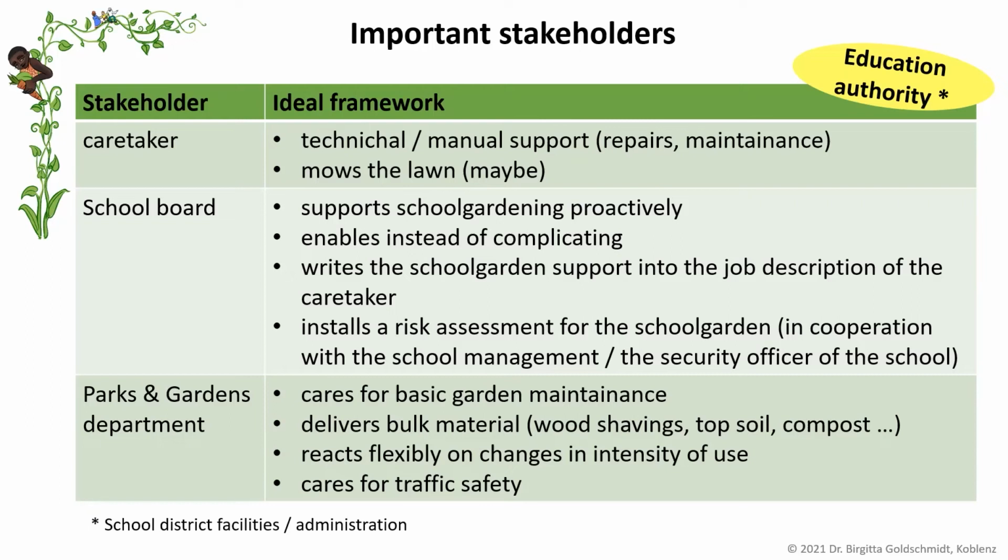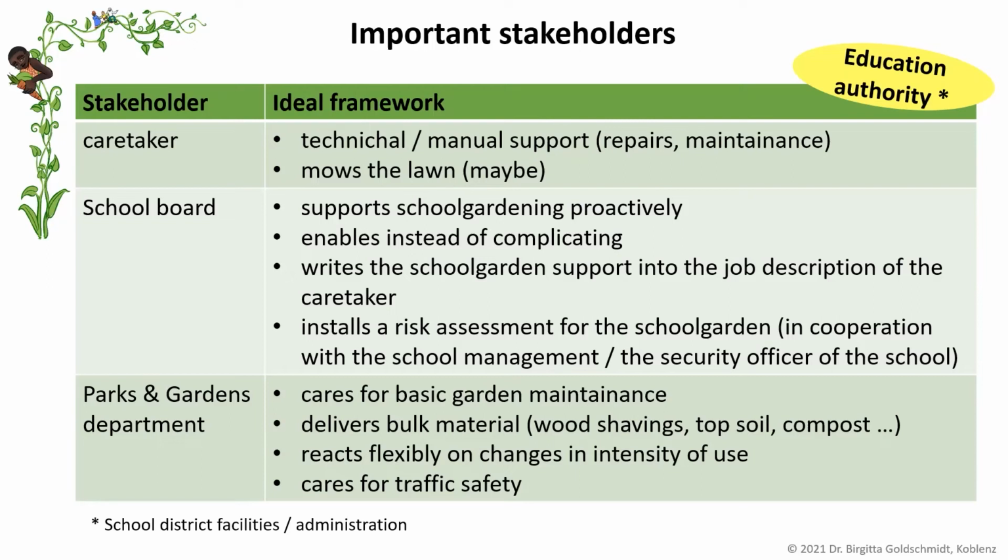Perhaps the garden department delivers bulk material like wood shavings, topsoil or compost, and brings it to the school garden. And it would be very nice if it reacts flexibly to changes in intensity of use, so that they keep maintaining the garden even if there is a change in personal resources, for example if you have very few people who can carry it from the side of the school.